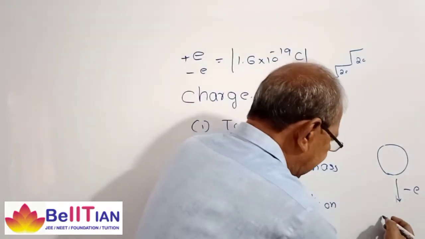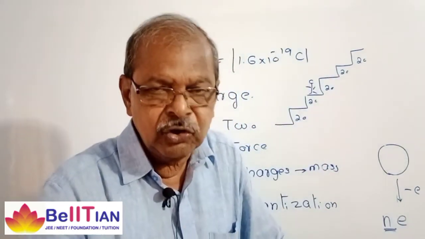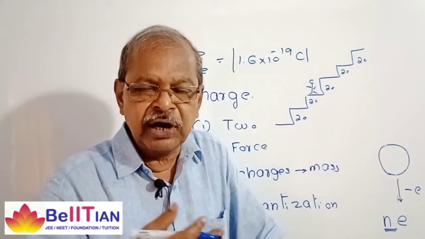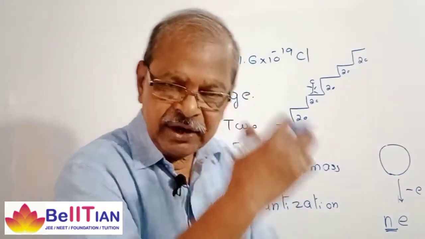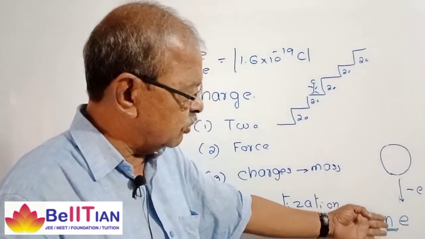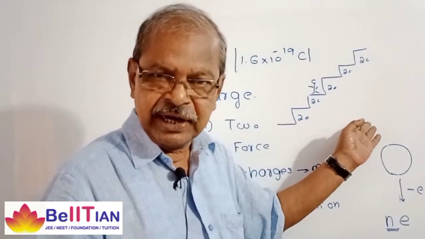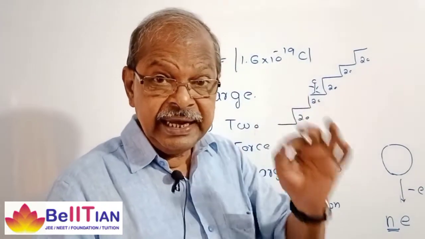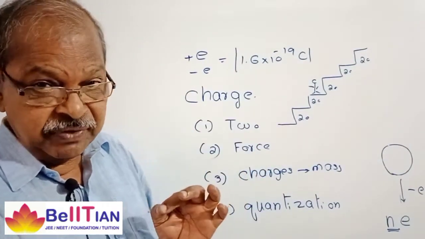That means I can add Ne, where N is an integer: 1 electron, 2 electrons, 3 electrons, 4 electrons or so. I cannot add 5.5 electrons. I cannot cut an electron into two parts. So either I can add 5 electrons or 6 electrons, or I can remove 6 electrons or 7 electrons. That is only in integral multiples of the electron.